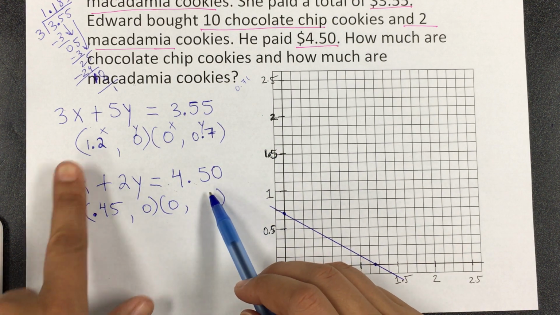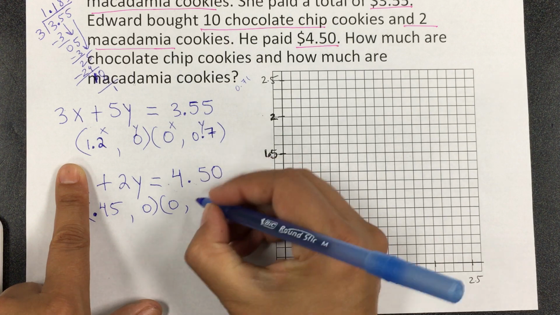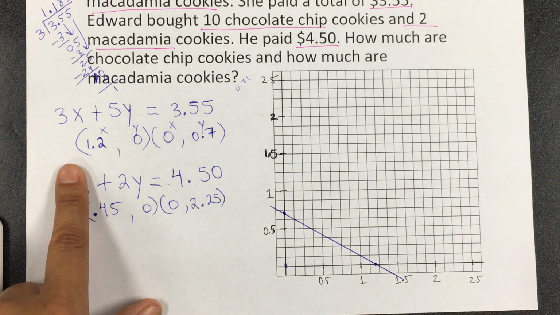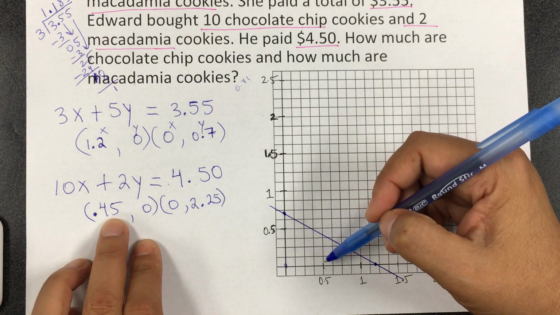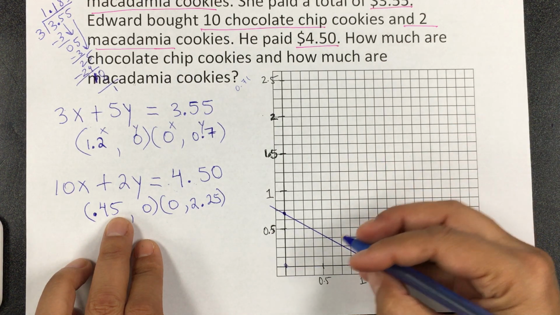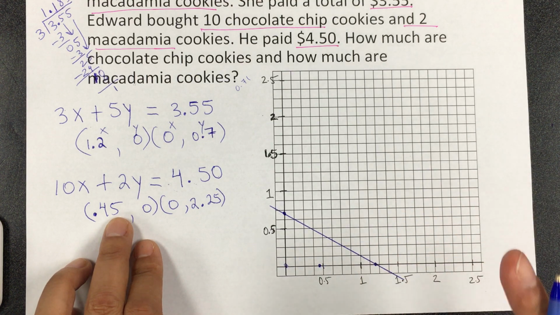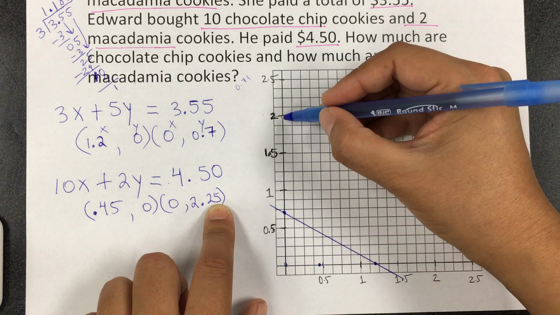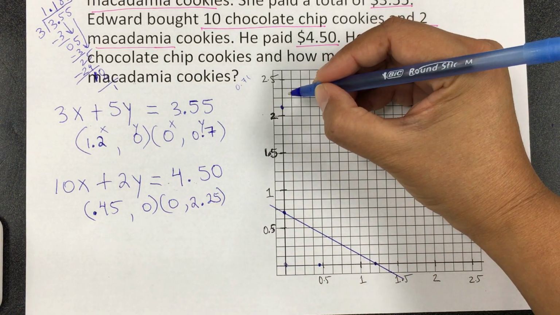The next one is, I put it in here, $4.50 divided by 2 is just half of that, so it's $2.25. So now I have my 2 points. This is 0.45. If this is 0.5, 0.45 is like a little around there, okay, more or less. 2.25 is 2 1/4, so it's right there.